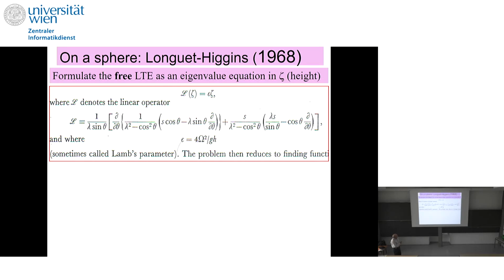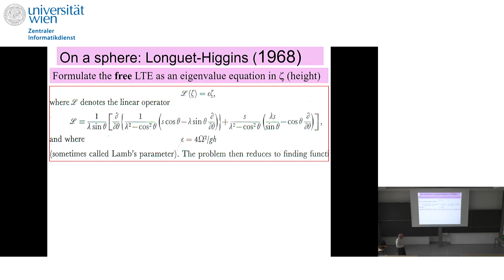his eigenvalue problem is very upside down. Mathematically, it's an eigenvalue problem. You have a linear operator, and you ask what are the eigenvalues, which is a question. But for wave dynamics on a sphere, what we want to know is the dispersion relation. So we want to know how the frequency depends on the wave number.